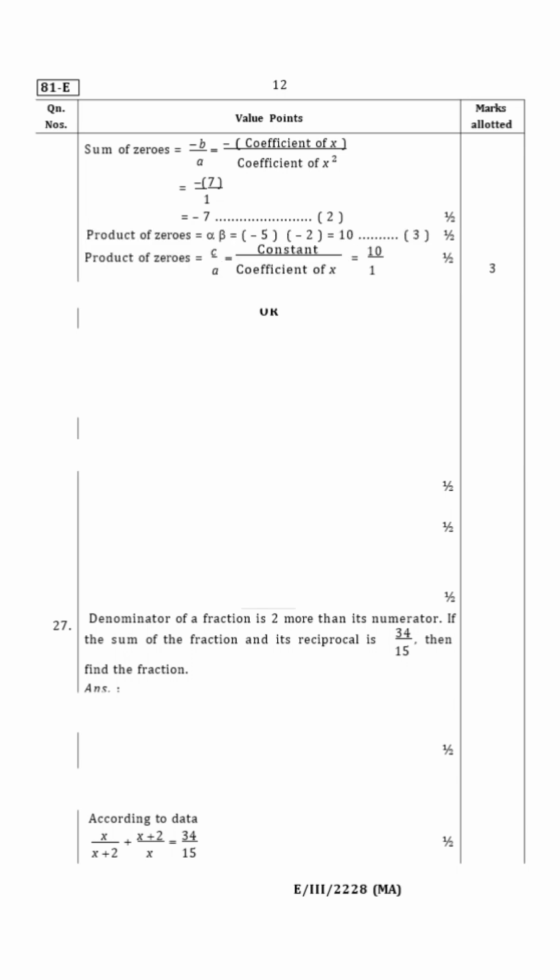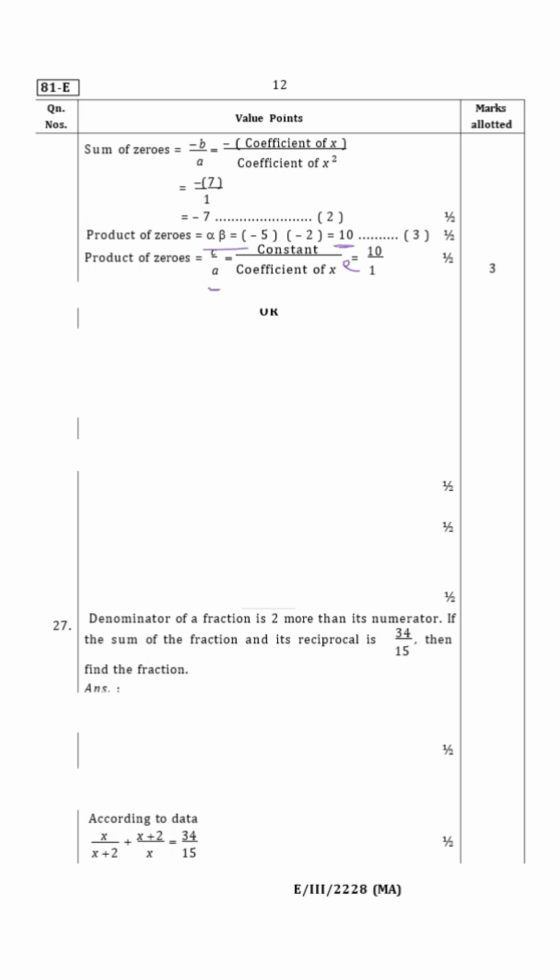Now the product of the zeros, that is equal to c by a, and also is equal to alpha into beta. Here alpha is negative of 5, beta is negative of 2. Negative of 5 into negative of 2 is equal to 10. Product of zeros is c by a, means constant by coefficient of x square, not x. That is equal to 10 by 1.